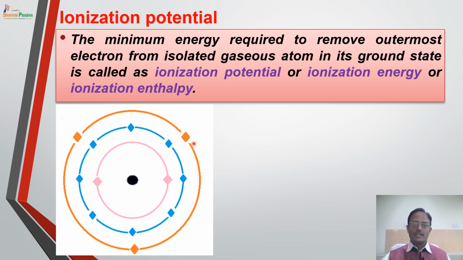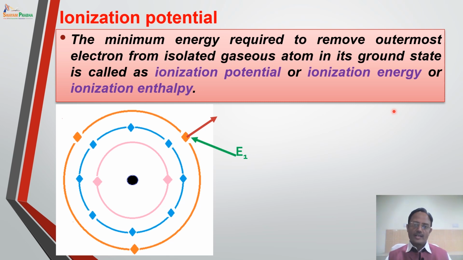But since the distance of the outermost shell electron is maximum, the force of attraction between nucleus and outermost electron is minimum. And hence, if I supply some energy to this electron, I can remove this electron. And that energy is called as the ionization potential or ionization enthalpy.